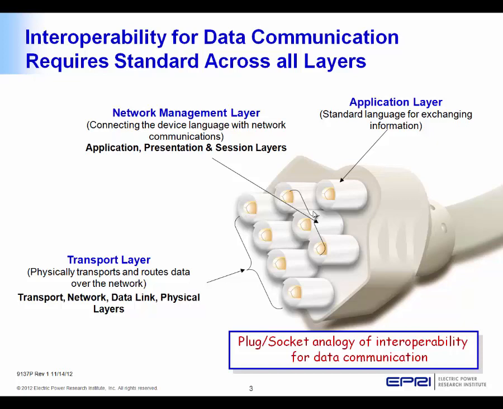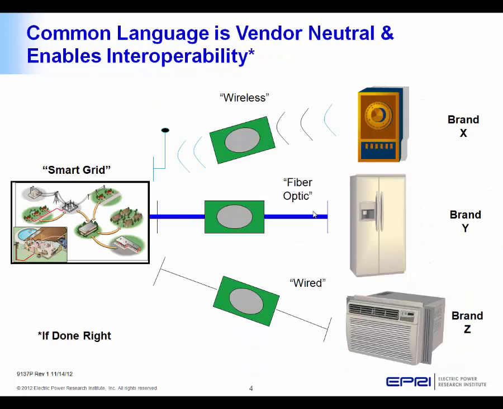We would have potentially a transport layer where we have physically transporting and routing data over the network. We could have a network management layer which connects the device language with the network communication, and an application layer where there's a standard language for exchanging information. We are not there yet within the electric utility industry, although we have made great strides in this regard.